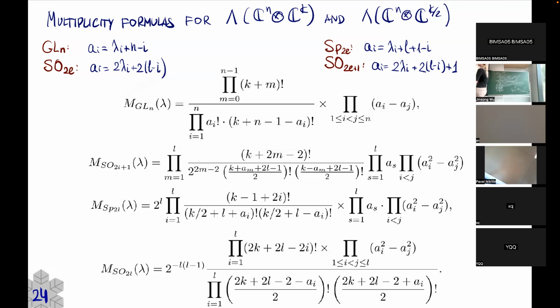For these series, the diagrams are slightly modified, because the regular diagrams that we know are for GL_N.